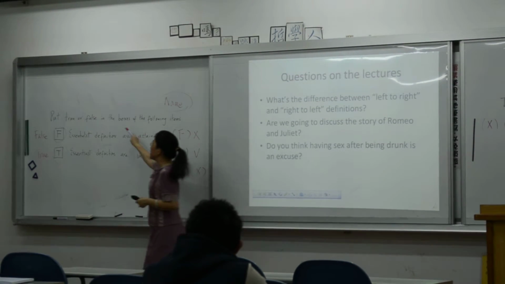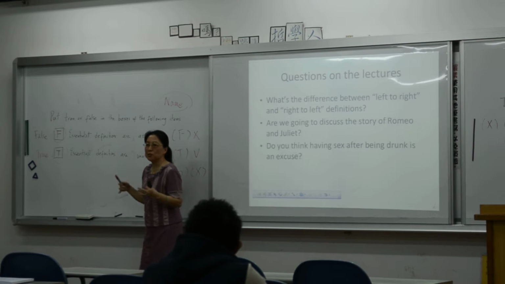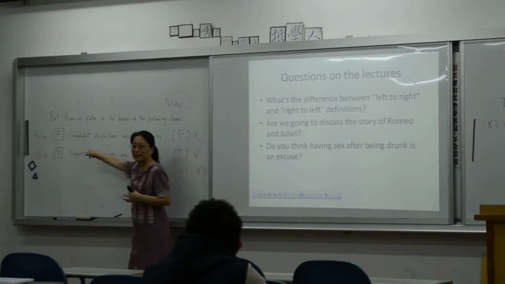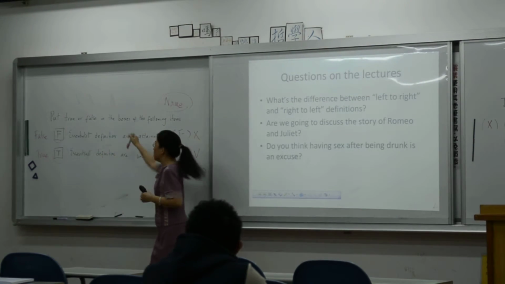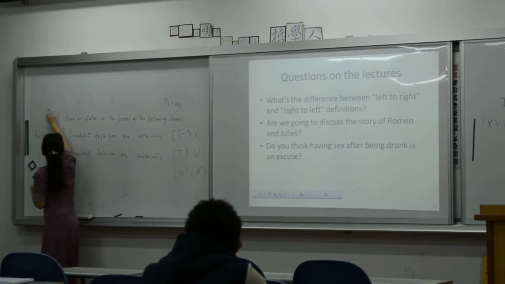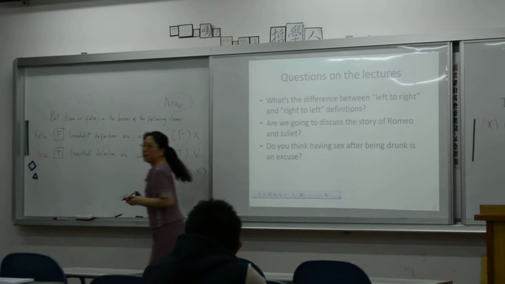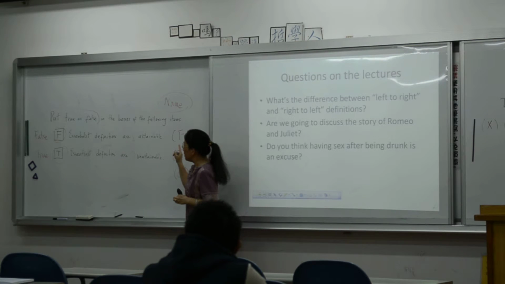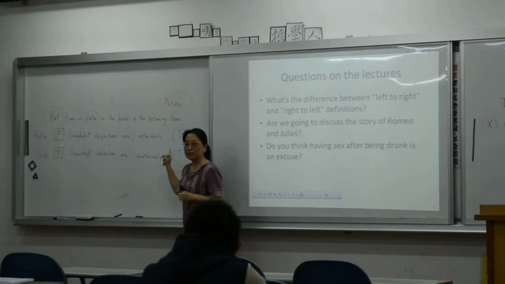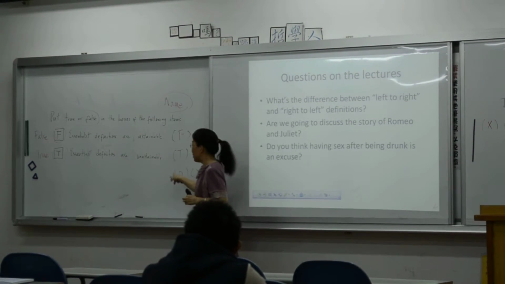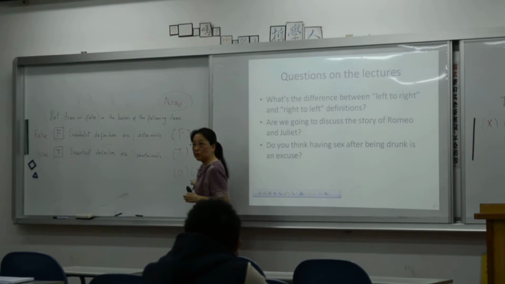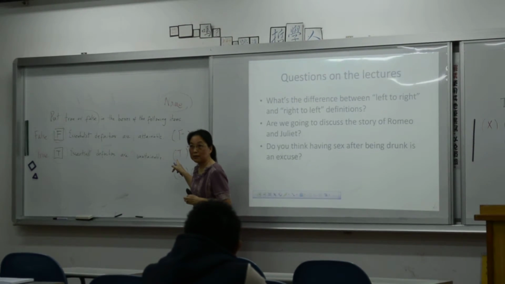It's probably because I sort of led you to write in T or F. If I didn't say it this way, if I simply said, tell me which statement is correct, you probably would have put a circle or X next to it.